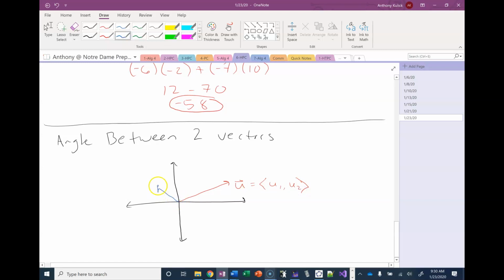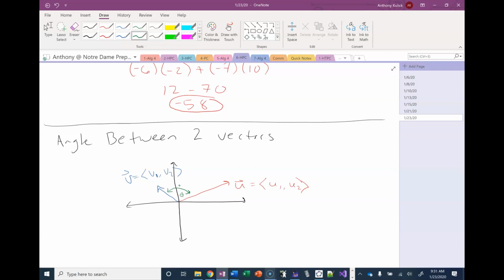And maybe I have vector v here, which I'm going to designate as v1, v2. What we're interested in here is this angle between the two vectors.